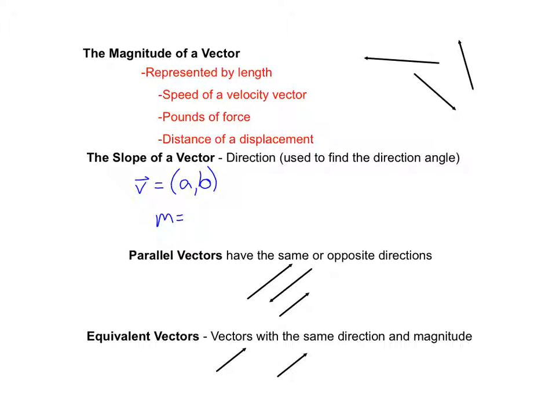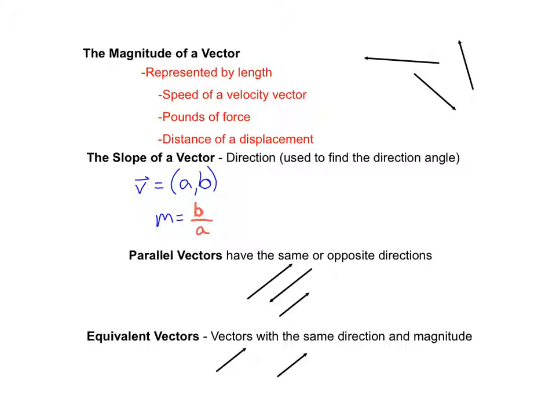Well, b is our vertical, our rise, and a is the horizontal component. So the slope is b over a. Then we'll see later on how to get that actual direction angle, but we could talk about the direction of a vector in terms of its slope.